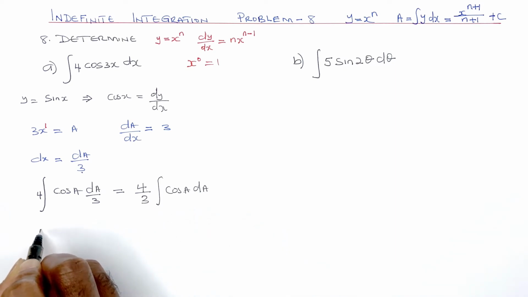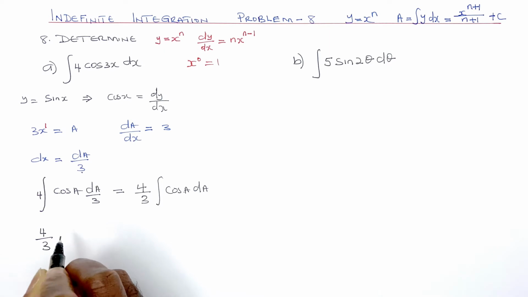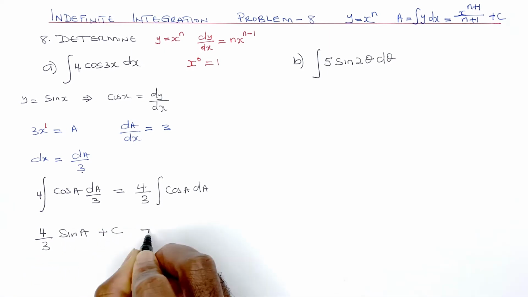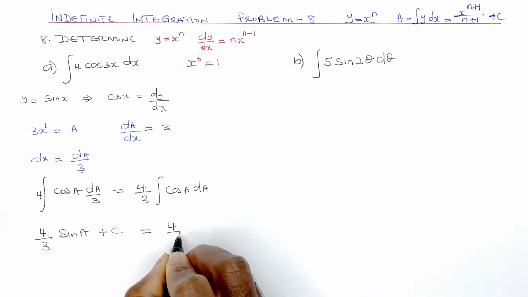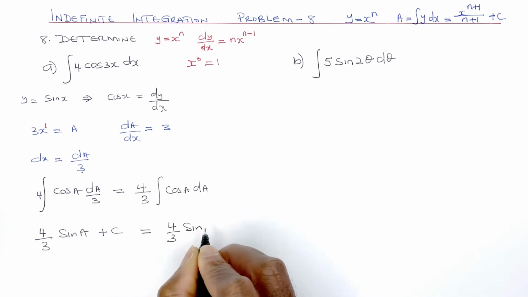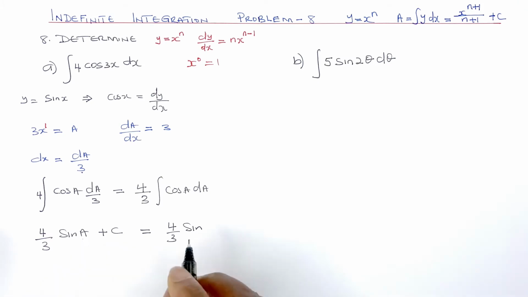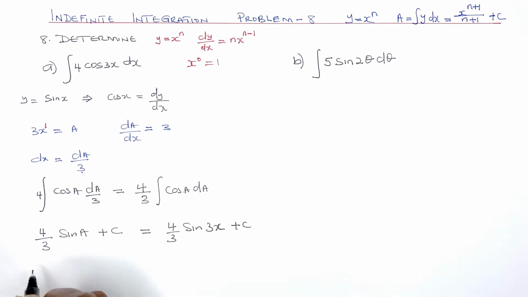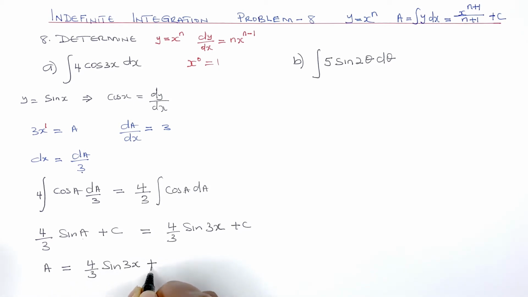So that will be 4 over 3 sine a plus c, and we know what a is. a is 3x. So y, or you can call it the area under the curve, equals 4 over 3 sine 3x plus c. So that's the answer we're looking for.